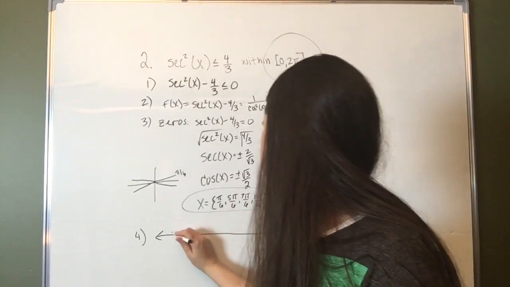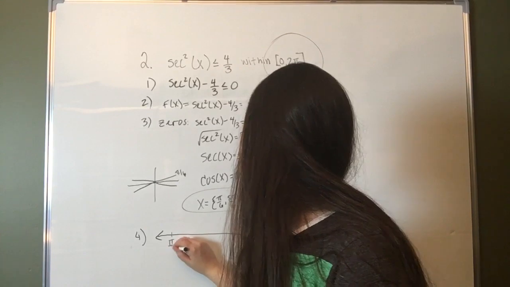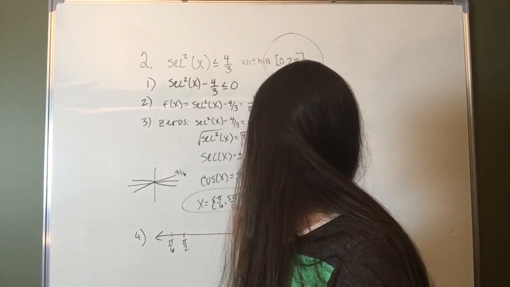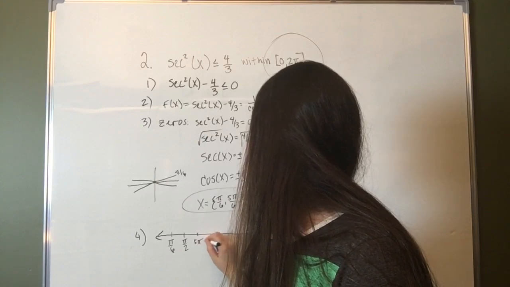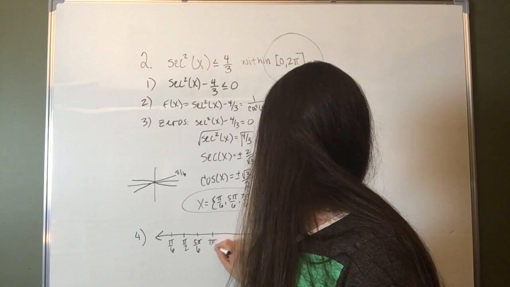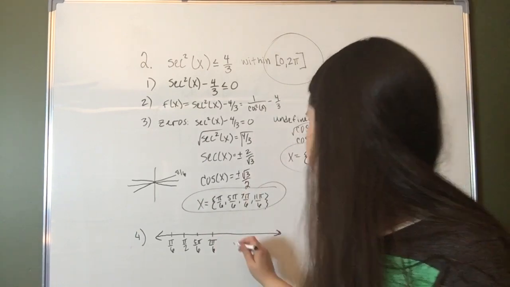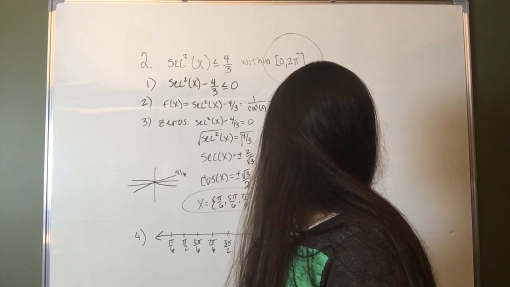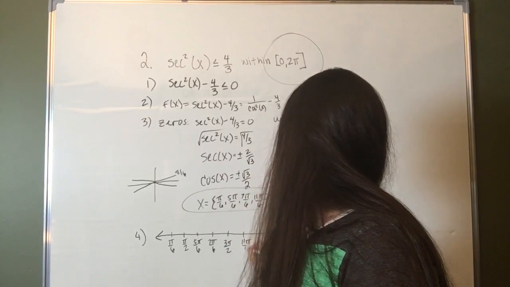So we have pi over 6 is the smallest. Then pi over 2, right? Then 5 pi over 6, which is in the second quadrant. Then 7 pi over 6, which is in the third quadrant. Then 3 pi over 2, which is the bottom of the unit circle. And then 11 pi over 6, which is in the fourth quadrant.